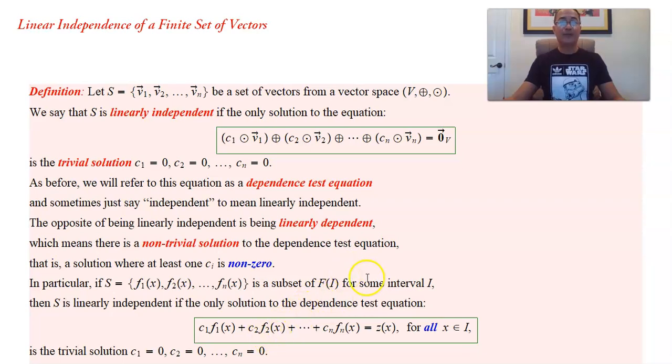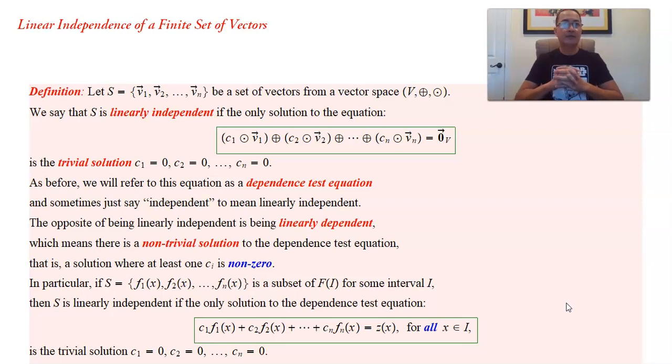Ta-da! Of course, those free variables should remind you of the time when we talked about linearly independent or dependent sets of vectors. So, very similar definition. Again, only the notation is different.